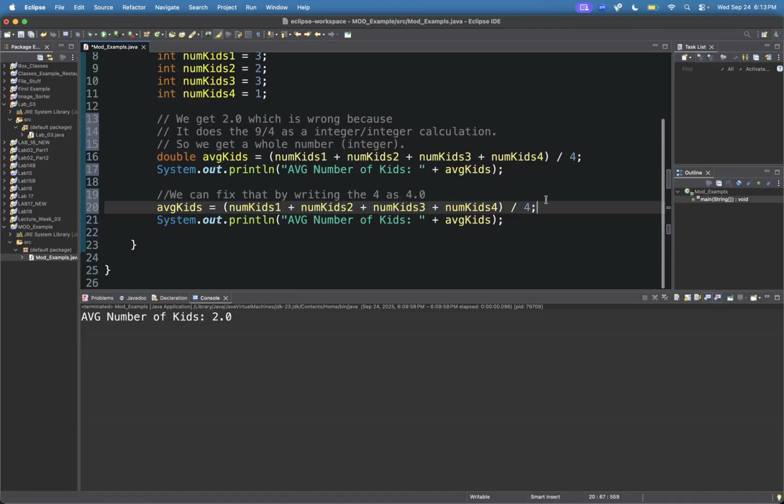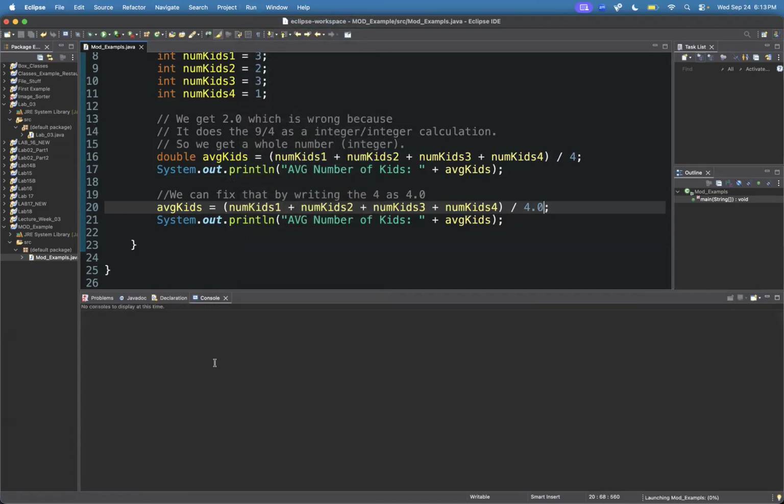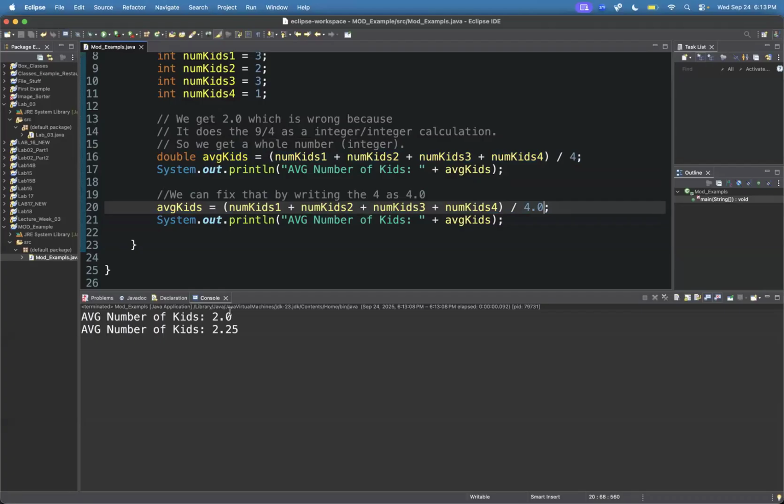So what I mean by that is if I change this to 4.0 like that, and we run this again, you'll see that the first calculation is 2, but the second calculation comes up 2.25, which is correct. And so just changing that 4 to a 4.0 just magically fixes that. So you might think, okay, whenever we have doubles, we'll just make sure that we type them as 4.0, 2.0, whatever we're typing in, and that will solve all our problems.